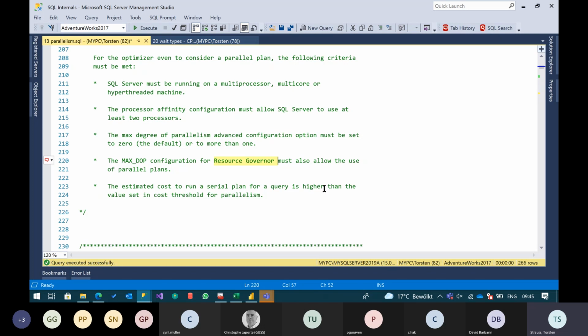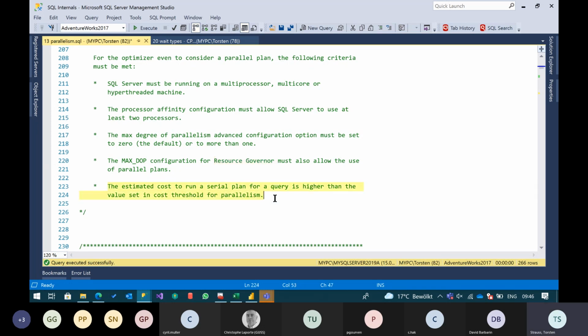Yeah. So this is a very great feature, which is only available in the Enterprise edition for good reasons. But it will give you much more control over maximum degree of parallelism and for sure other settings related to a specific connection.